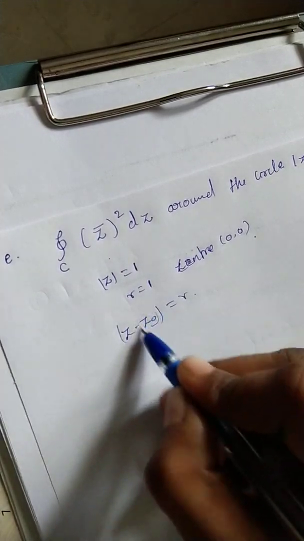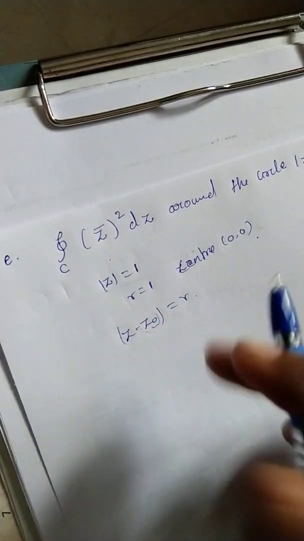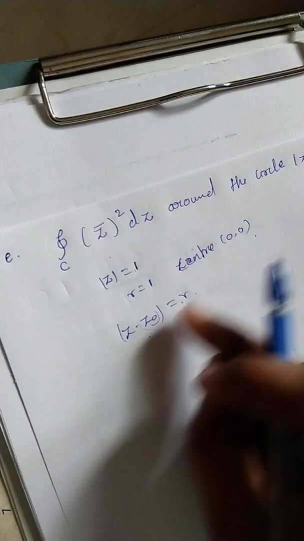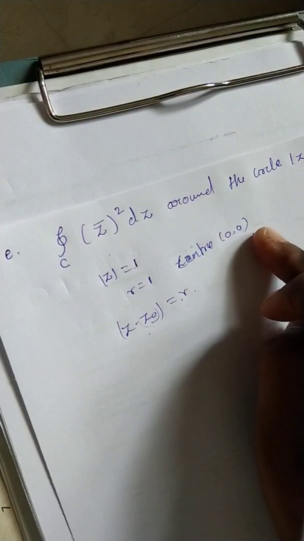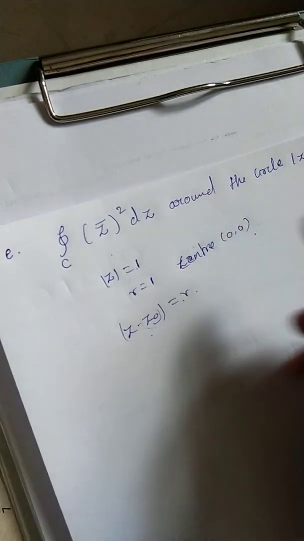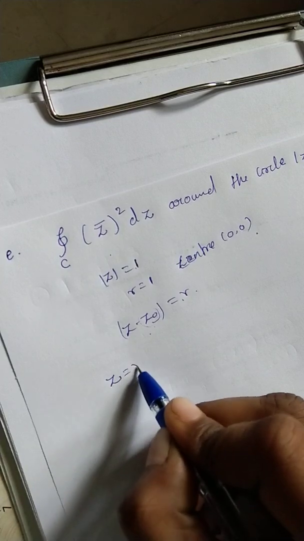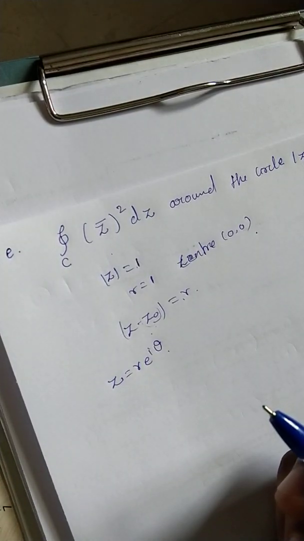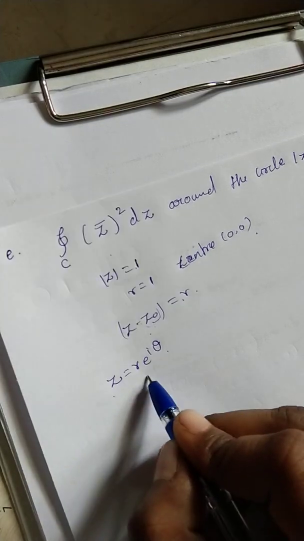Okay, here z naught is not mentioned, so r is equals to 1 here. z naught is our center, so the center value is considered as 0. Okay, so now on this circle we have to use the polar form r e power I theta. Okay, z is equals to r e power I theta.